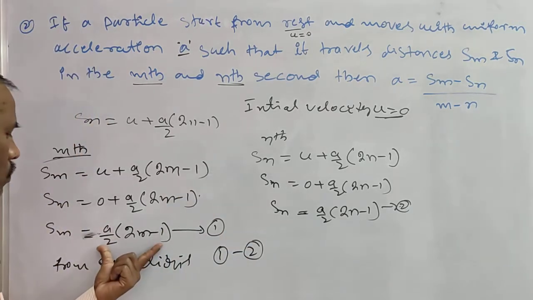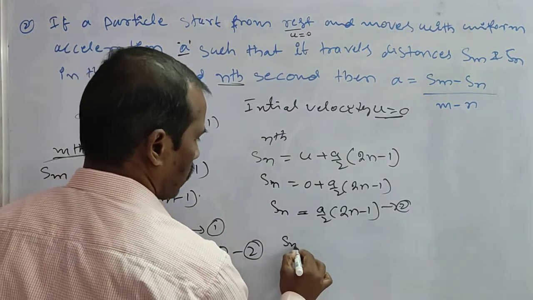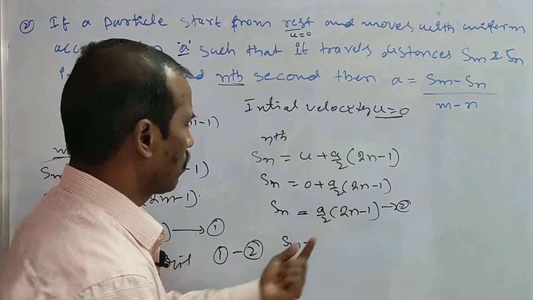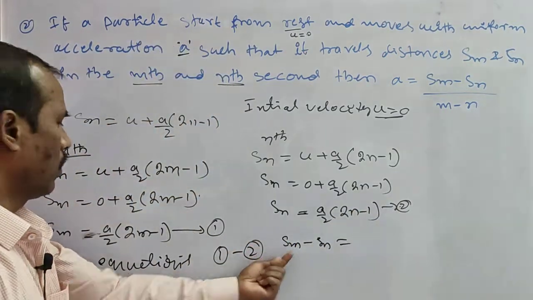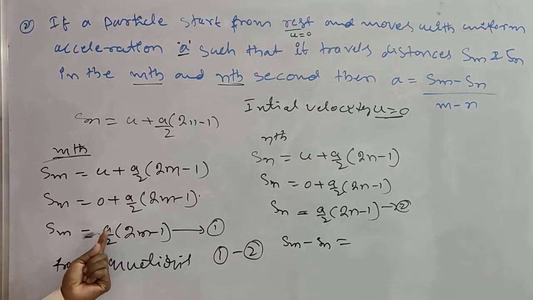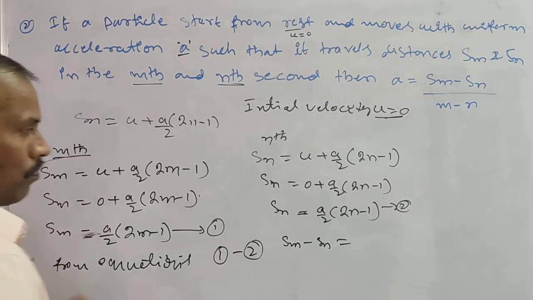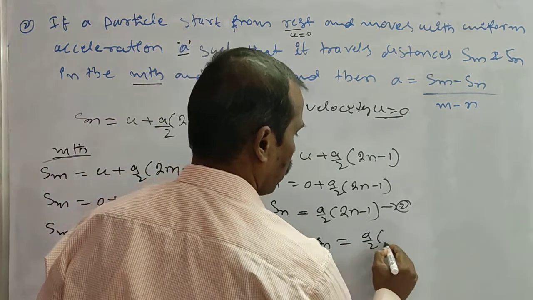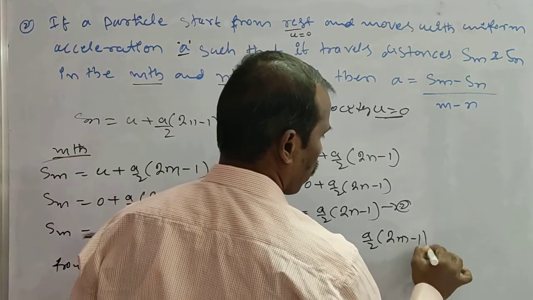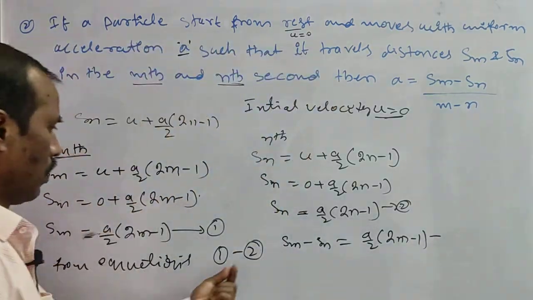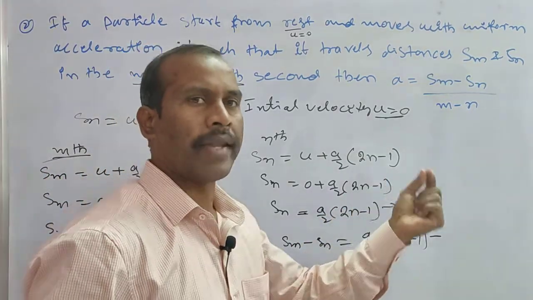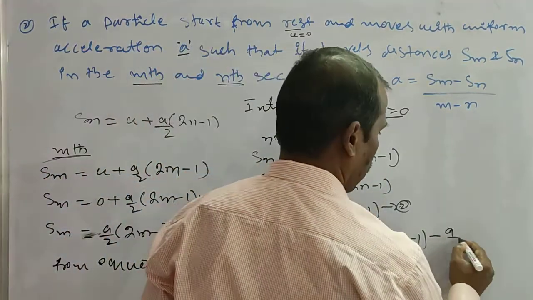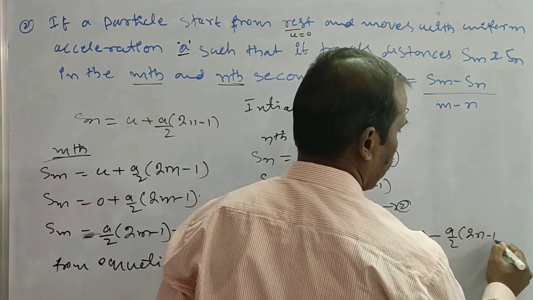Equation 1 is this one, sm, minus equation 2, this one, sn. So sm minus sn is equal to equation 1, that is a by 2 into (2m minus 1), minus equation 2, that is a by 2 into (2n minus 1).